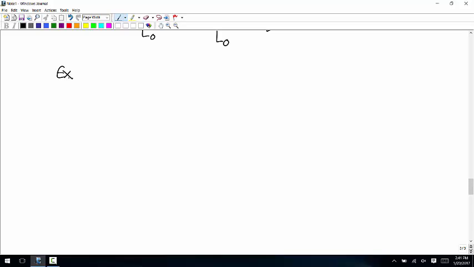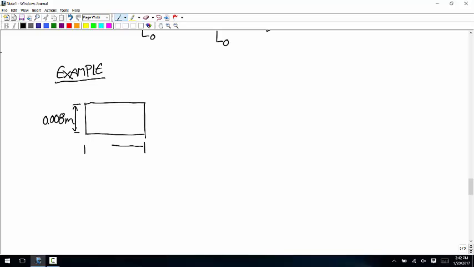Okay, let me do an example. Let's say we have a material that starts out with a height of 0.008 meters and a width of 0.01 meters. And we'll use a coordinate system with the y-axis up and the z-axis to the left.